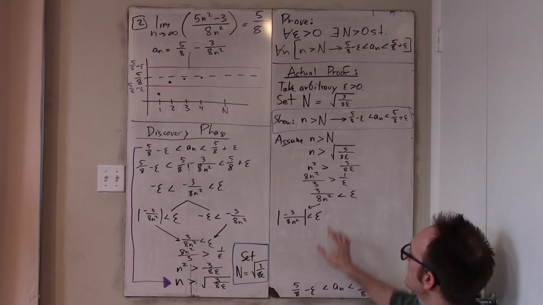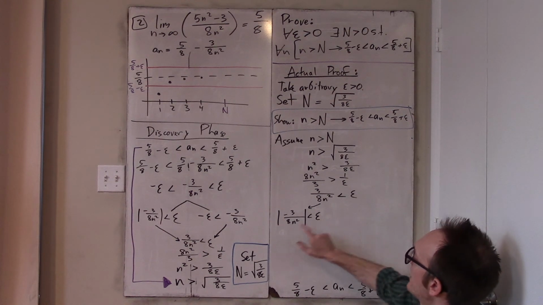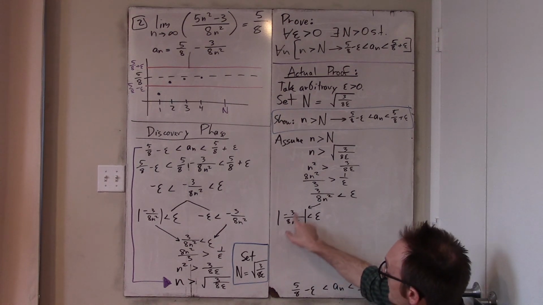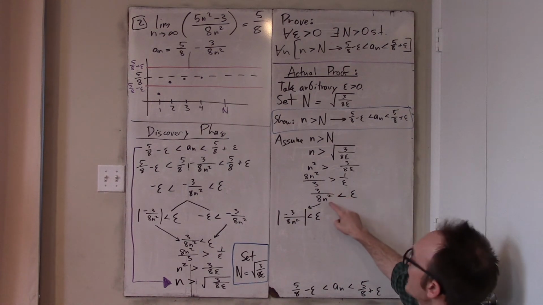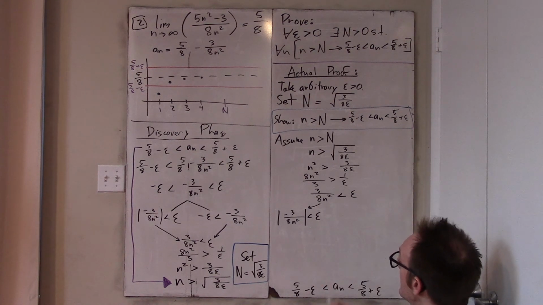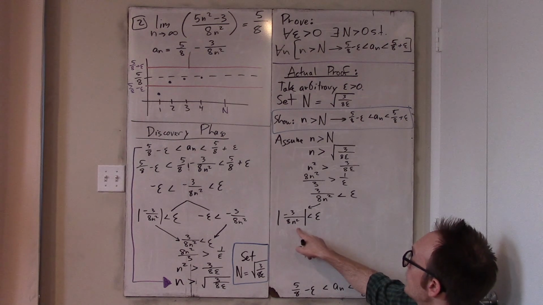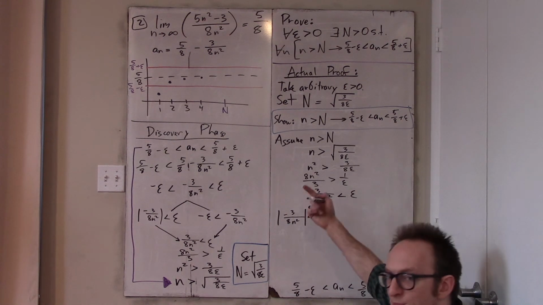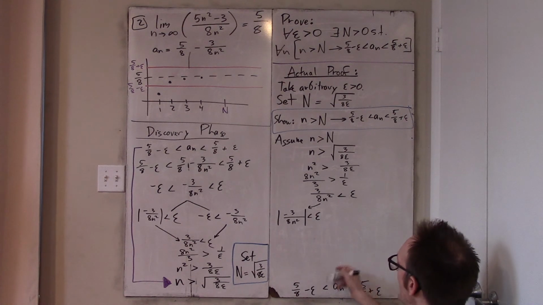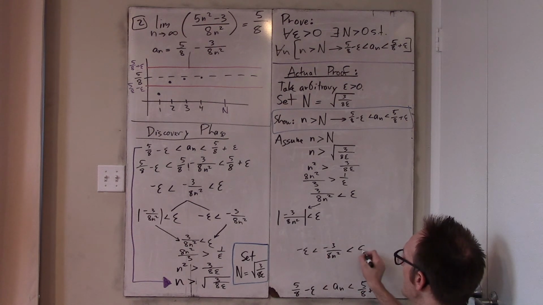That's obviously a legitimate thing to do because the absolute value of negative 3 over 8n squared just is 3 over 8n squared. So this certainly follows. And then you can use this property of absolute values and inequalities to say, okay, well, if the size of something is less than epsilon, then it must be that thing, negative 3 over 8n squared, is between negative epsilon and epsilon.